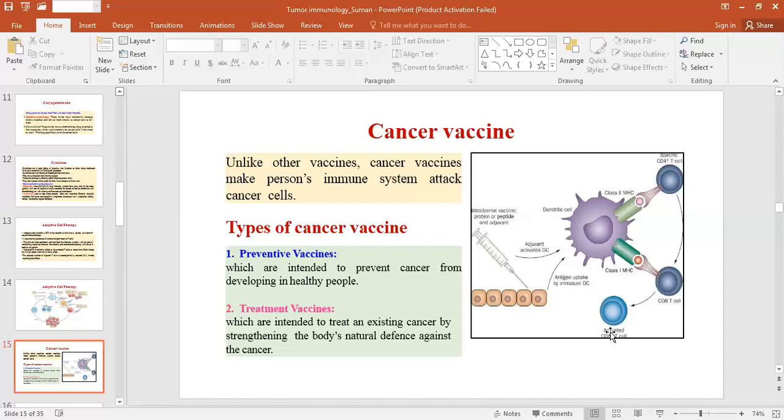They contain the patient's own inactivated tumor cells, and this inactivation of tumor cells is done by irradiation, or tumor-derived antigens, and they stimulate the development of a specific anti-tumor immune response. Many different variants of anti-cancer vaccines have been investigated for decades. However, so far therapeutic vaccines are not widely used in the clinics.